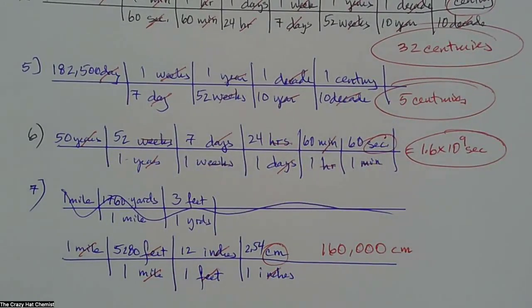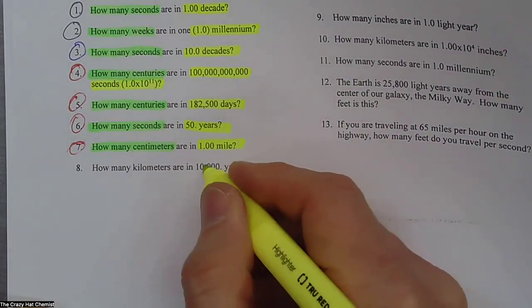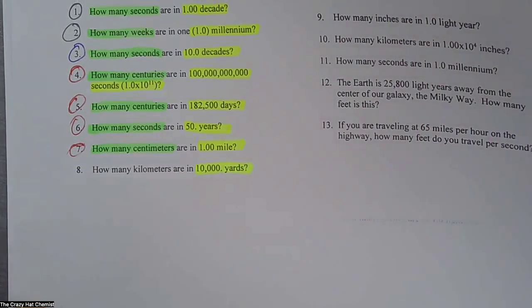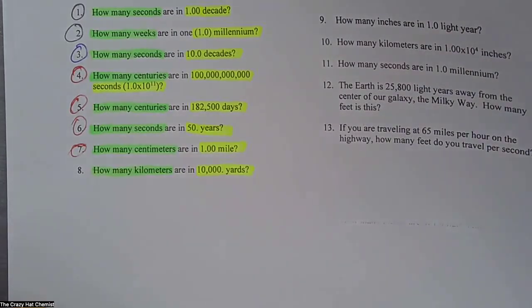We're going to do problem number 8. I'm going to pull this away so that we have some more sheets of paper to work with. So number 8 is our next problem, and it says the following. What are we looking for? How many kilometers are there in 10,000 yards?